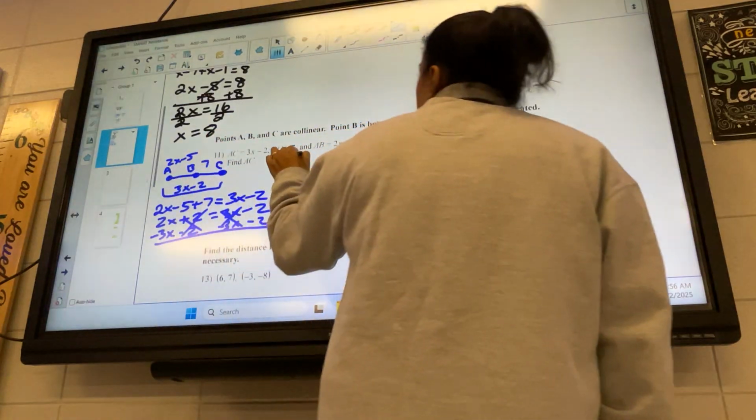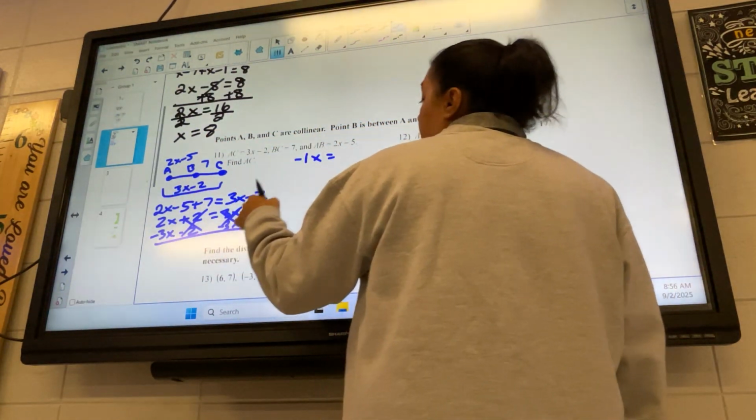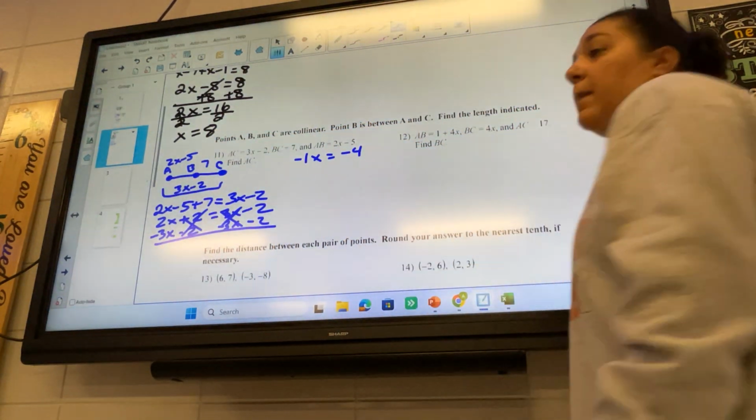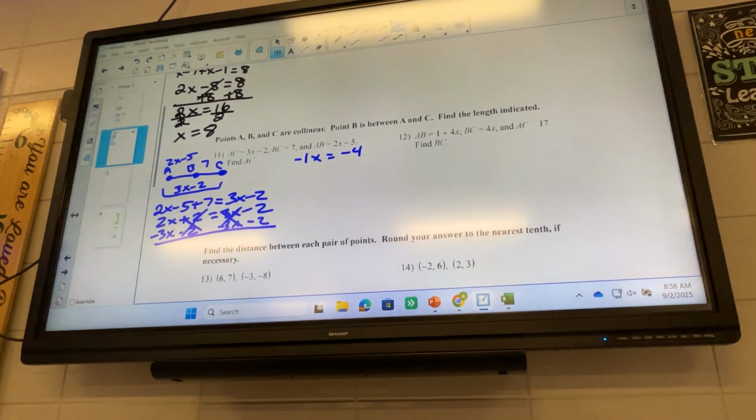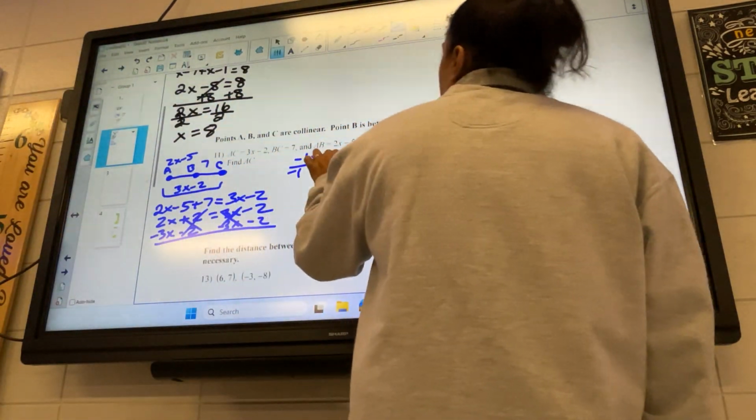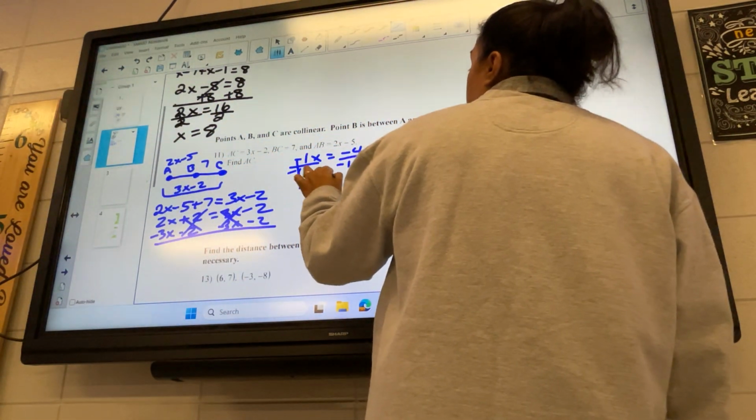And I'm going to write this over here. So negative 1x equals, and then I'm going to get a negative 4. Then I'm going to divide by negative 1. So we get x equals 4.